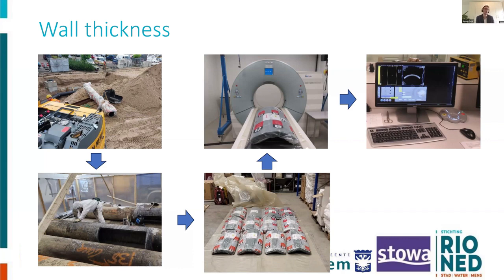We had to build a special depressurization chamber to cut the pipes into pieces which would fit, and then label those so we could map them afterwards, and then transport them to the TU Delft. But luckily, that all went fine. It only took about half a year of preparation. Can I get the next slide, Tom?